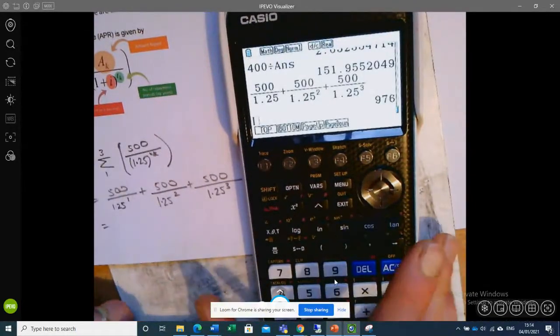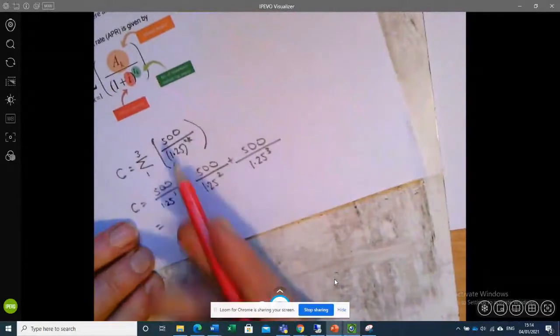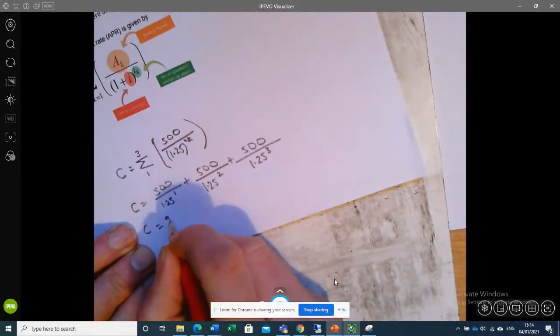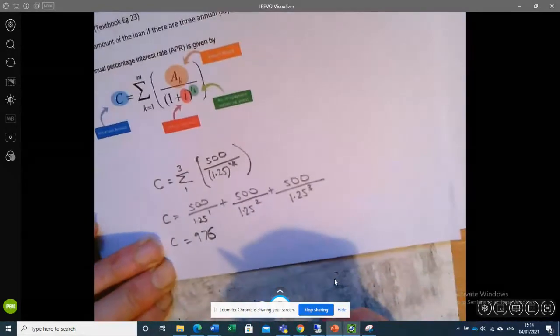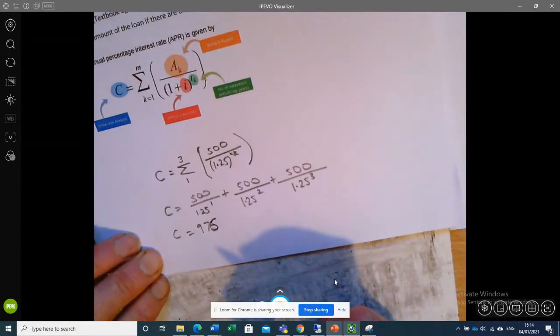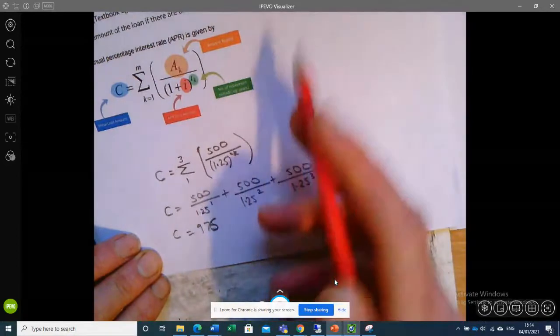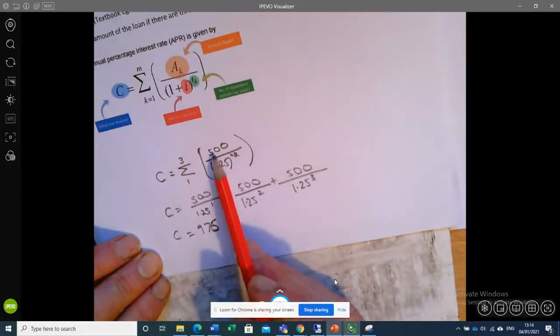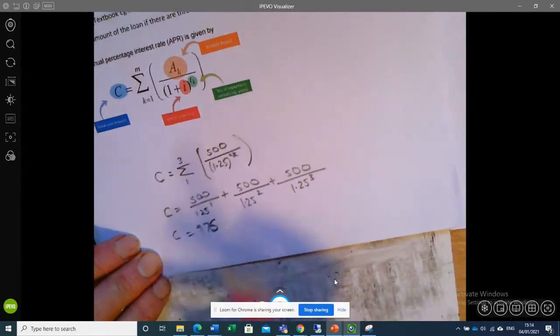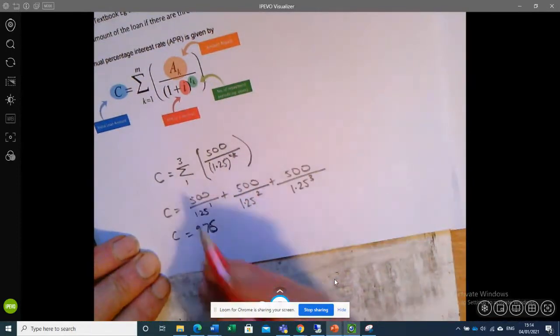That should give us a total of 976, which is the total amount to be repaid. Okay, so in this particular case, 25% annual interest, you would actually pay almost double the original £500, £476 interest.